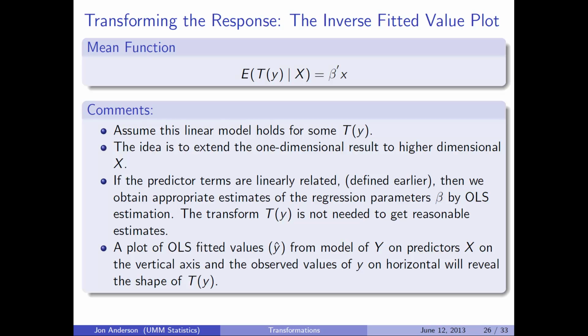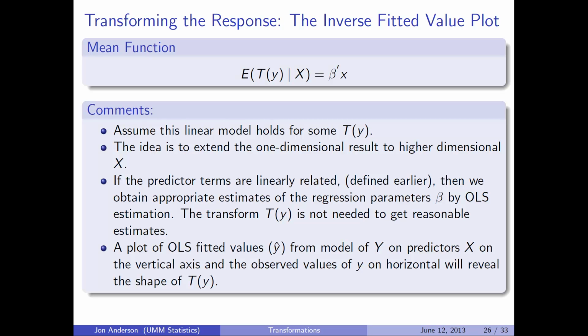And it turns out that the thing to do is to plot the fitted values, y hat. In the fourth bullet here I mentioned that the way to figure out the right t-transform is to plot the fitted values, the predicted values, the y hats, from a regression model on the vertical axis and have the actual value of y on the horizontal axis.